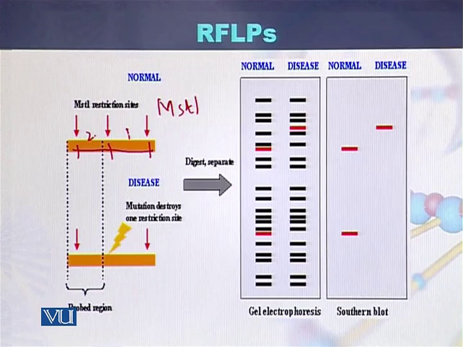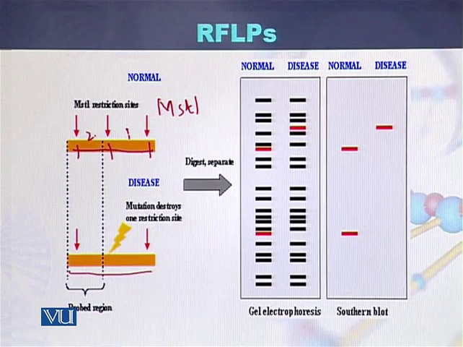Due to a mutation, this is the DNA of a person with a mutation at a particular point. Due to that mutation, the site which was in the middle has been destroyed. So now there are only two sites for the restriction enzyme MstI, here and here.